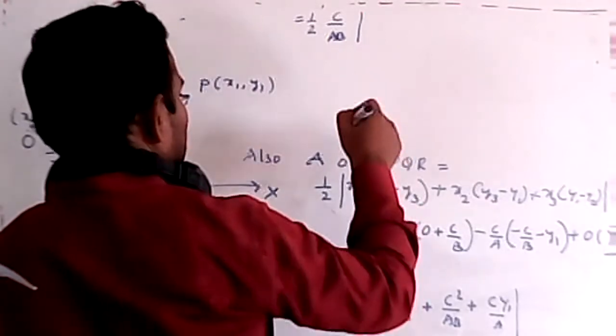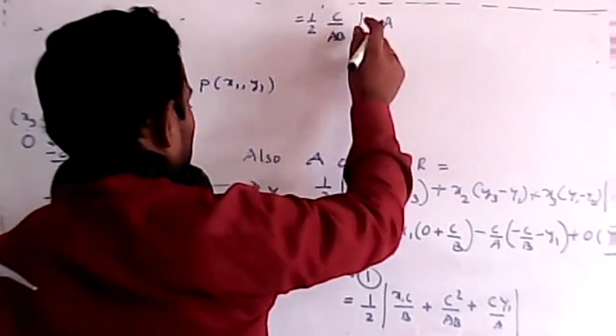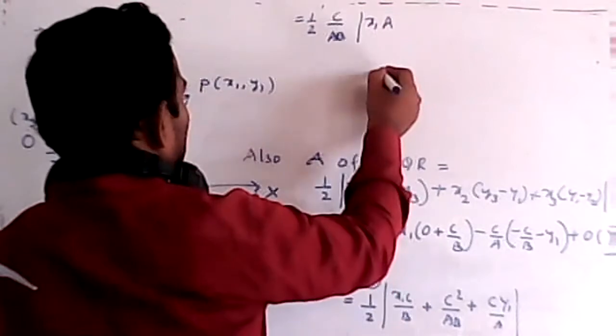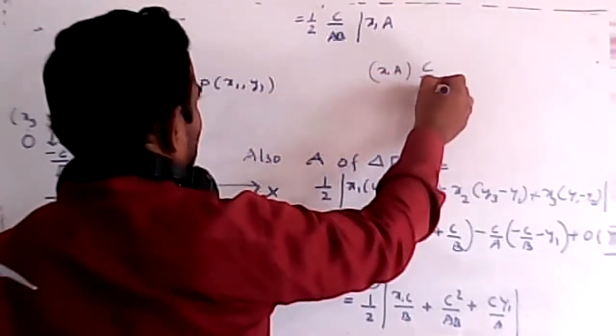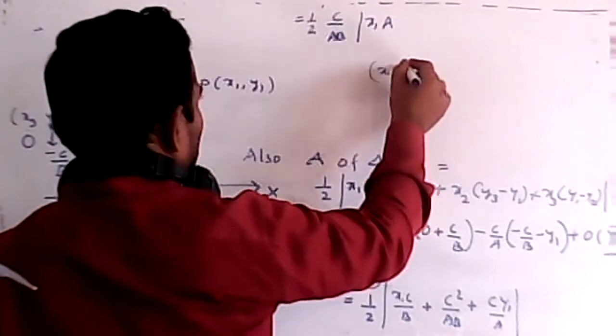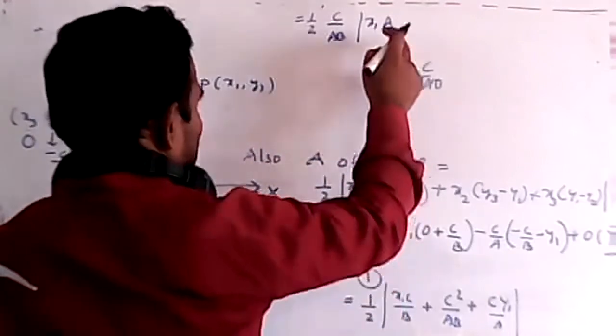If you multiply x1 into c by ab, then a will get cancelled. c by b remains. It's c by b x1. Correct, c by b remains.